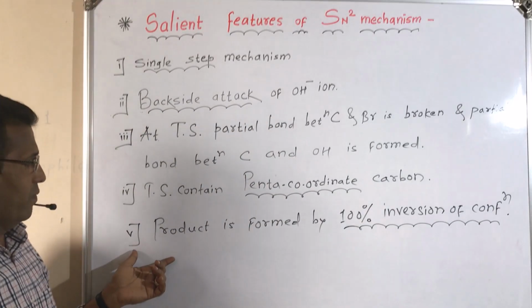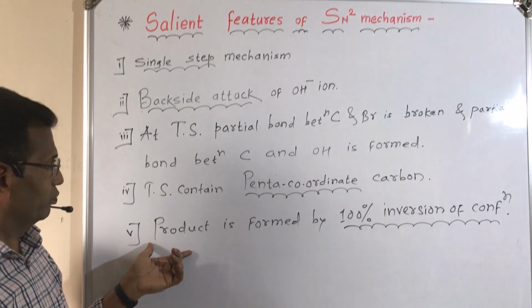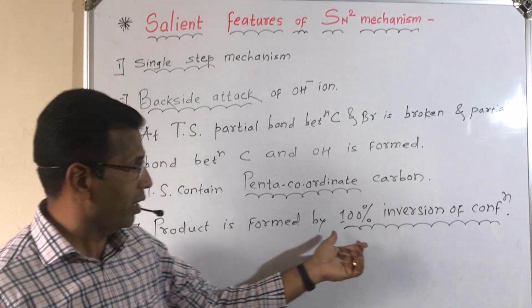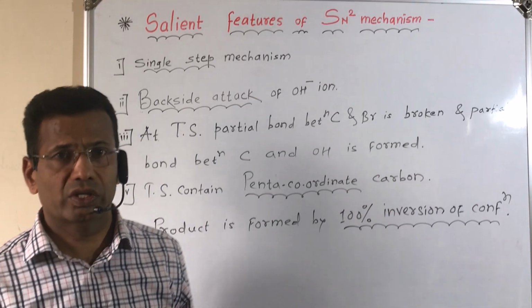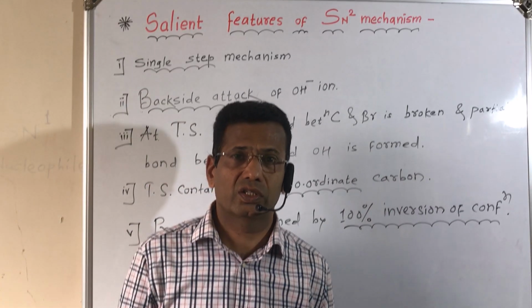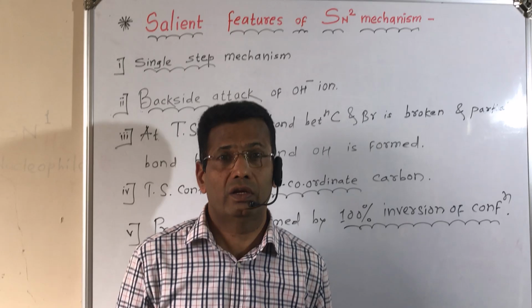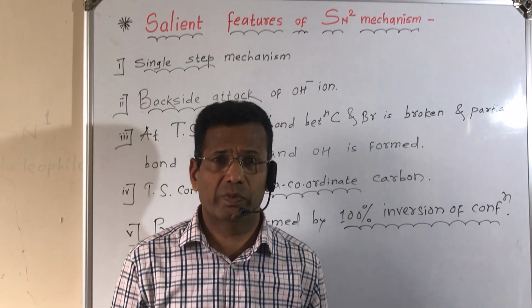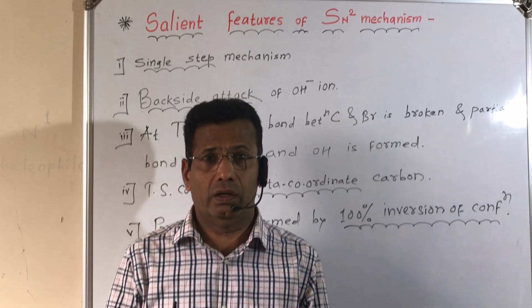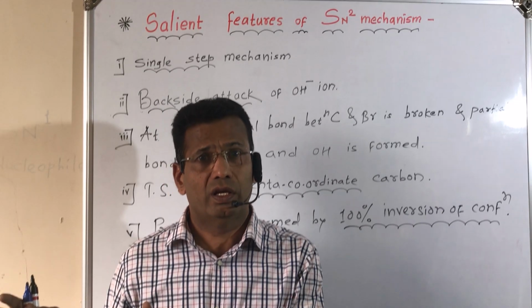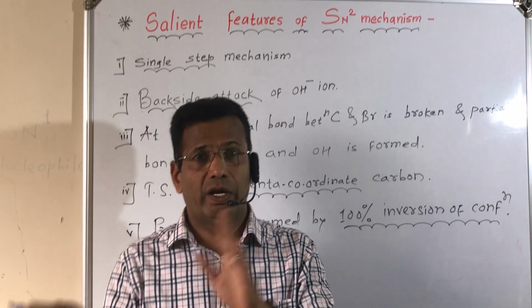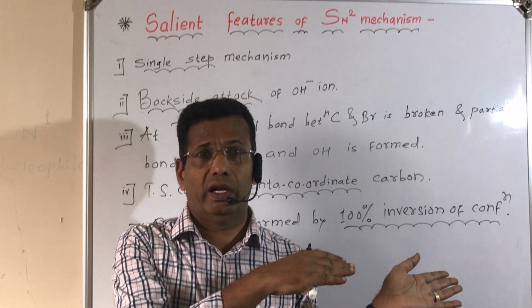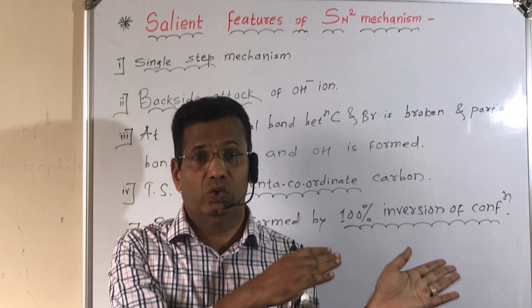Now the last salient feature is, in SN2 the product is formed by 100% inversion of configuration. You know, this 100% inversion of configuration is called Walden inversion. What is its meaning? The 3 hydrogen atoms which are present on the left side of the carbon atom in the methyl bromide molecule are shifted to the right hand side of the carbon atom in the product methyl alcohol.